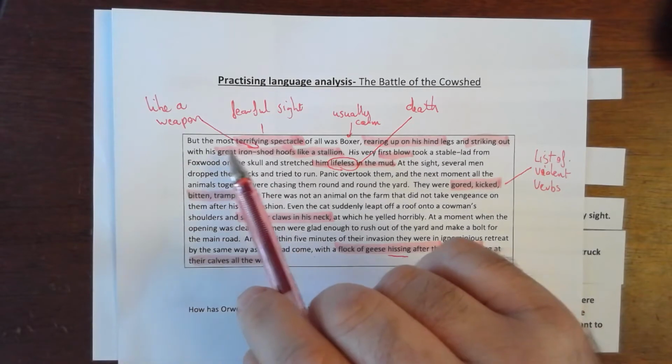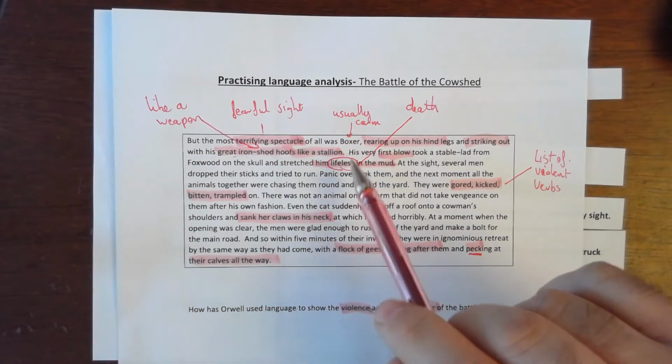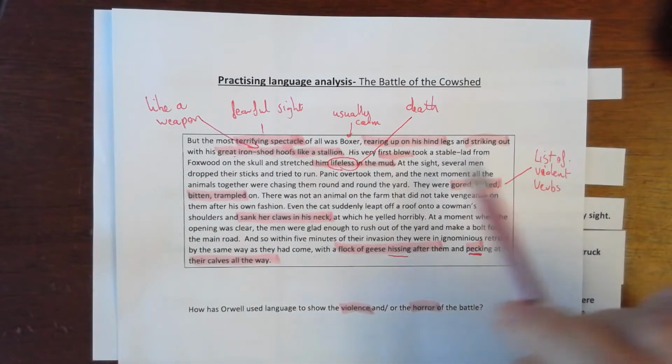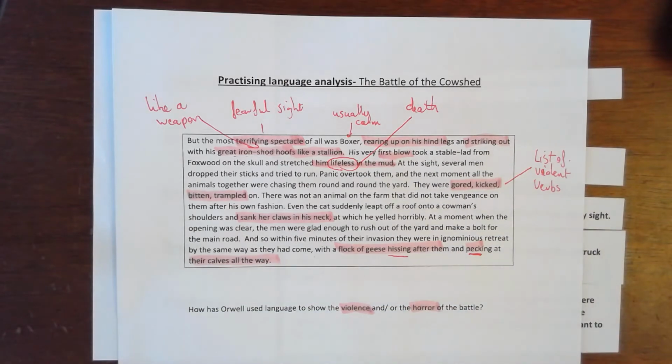But the most terrifying spectacle of all was Boxer rearing up on his hind legs and striking out with his great iron shod hooves like a stallion. Because Boxer we know was usually very calm, docile, placid character, but he was a fearful sight, stood on his hind legs and kicking out at the men.